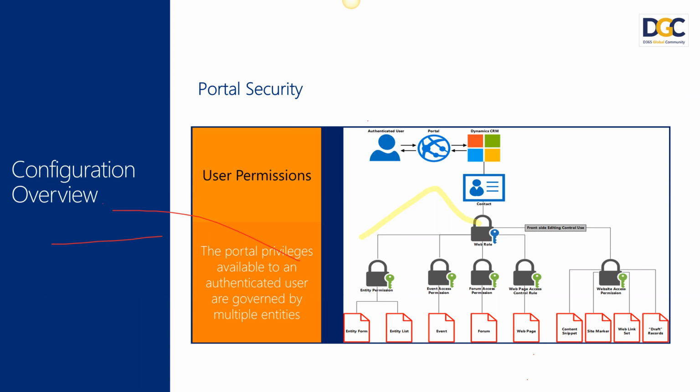And based on that entity permission, as we talked about, we have the entity form, which is basically surfaced. Those forms are kept in Dynamics 365, but they are surfaced on the portal. So depending on the entity permission, the forms and the lists will be surfaced on the portal page. So that is how the portal security works from a user permission point of view.